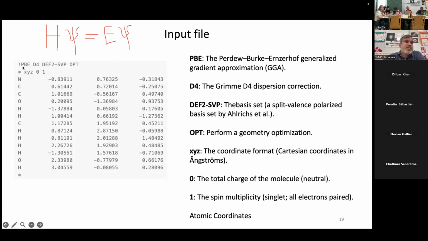So the PBE we use to define the Hamiltonian operator. PBE is density functional theory, one of the density functionals, in particular using the generalized gradient approximation.